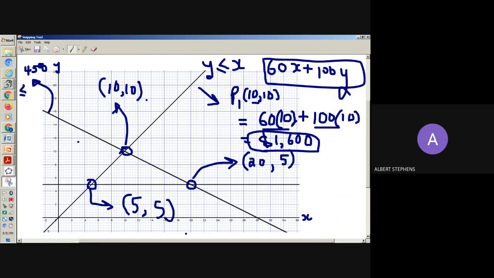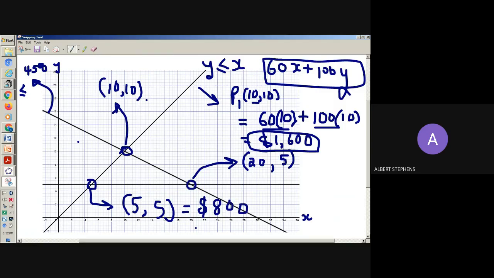What do you think we're going to do next? What happens when you buy 5 guitars and 5 violins? Look how much money you're going to make. Then you go with 20 and 5. Look how much money you get. And the one with the biggest number will give you the biggest profit. Someone work out 5, 5 for me, please. $800.